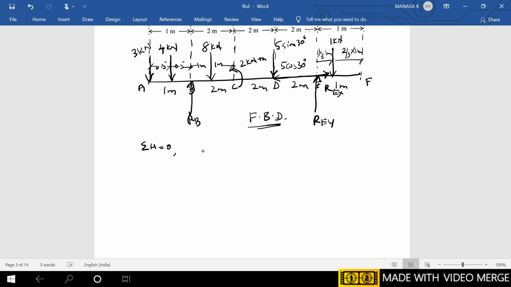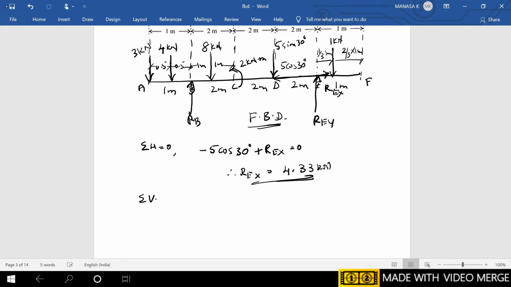So the equation will be minus 5 cos 30 plus REX is equal to 0. Therefore REX is equal to plus 5 cos 30, that is 4.33 kilonewton, which gives one of the reactions, that is REX.